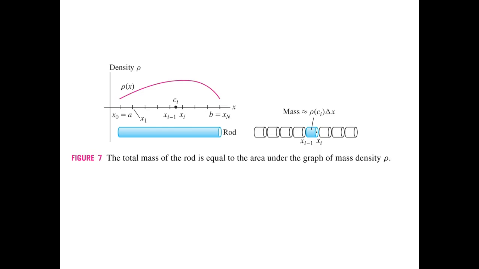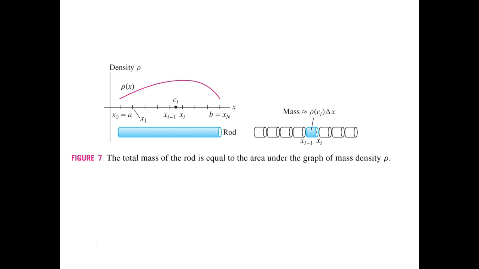This will change depending on which piece of the rod you're talking about. Then the mass of that wedge of the thing, split this into delta x's here. Delta x is x of i minus x of i minus 1. And we'll assume that if it's a small enough piece, the density isn't changing much.